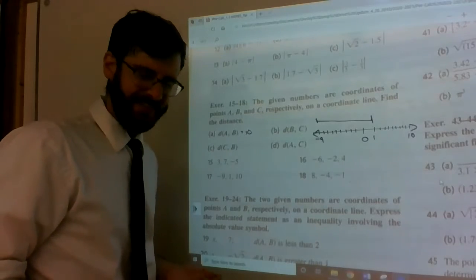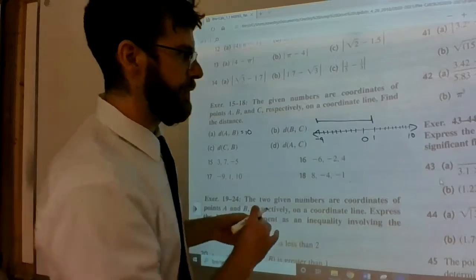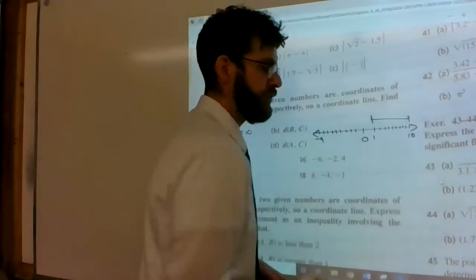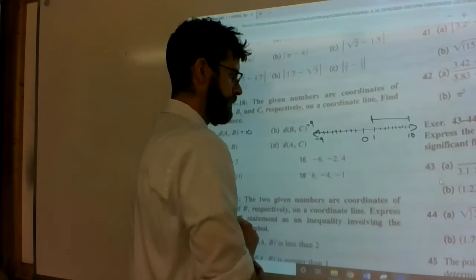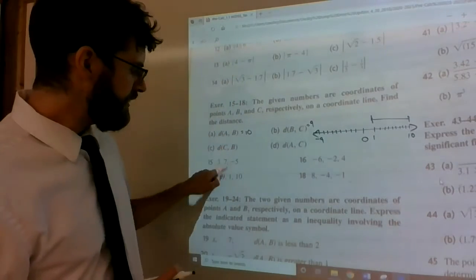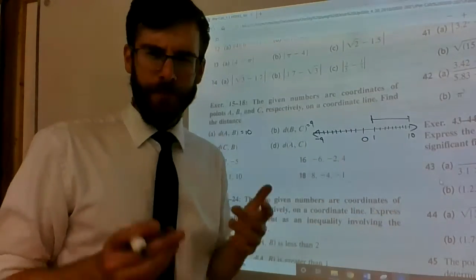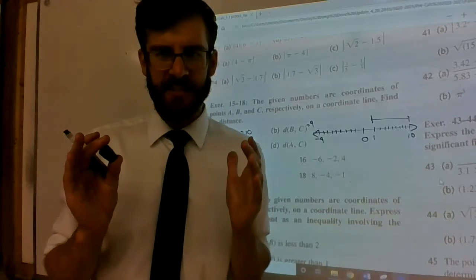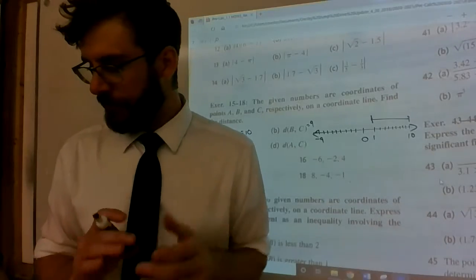Does that make sense? So BC would be, what's the distance from 1 to 10? Which would be 10 minus 1, is 9 units. CB would be from 10 to 1. I guess they're just saying that distance is always the absolute value of those.